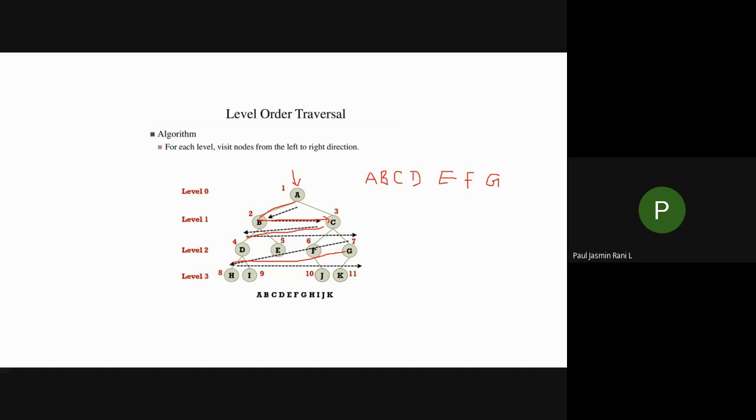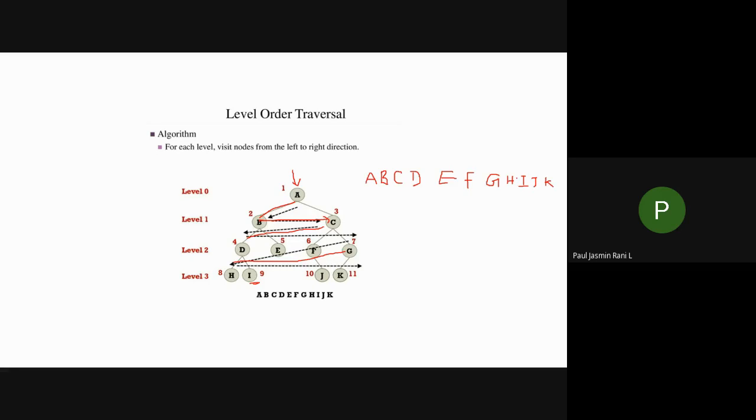In level 3 the first element is H, isn't it? So you have to print this H. After this H, what is the next element? I. Okay, so I, next is J, and the other one is K.